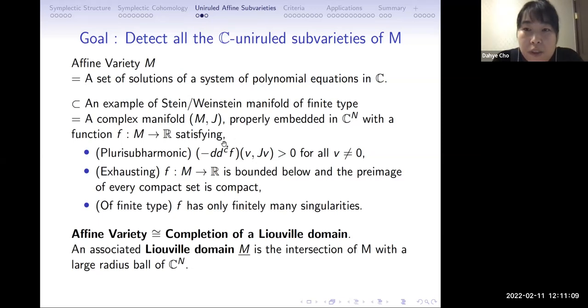Minus log of the norm of the section and dd^c give us the symplectic structure, and we can show that an affine variety is a completion of a Liouville domain, and the Liouville domain is the intersection of the affine variety with a large radius ball, embedded into C^n.